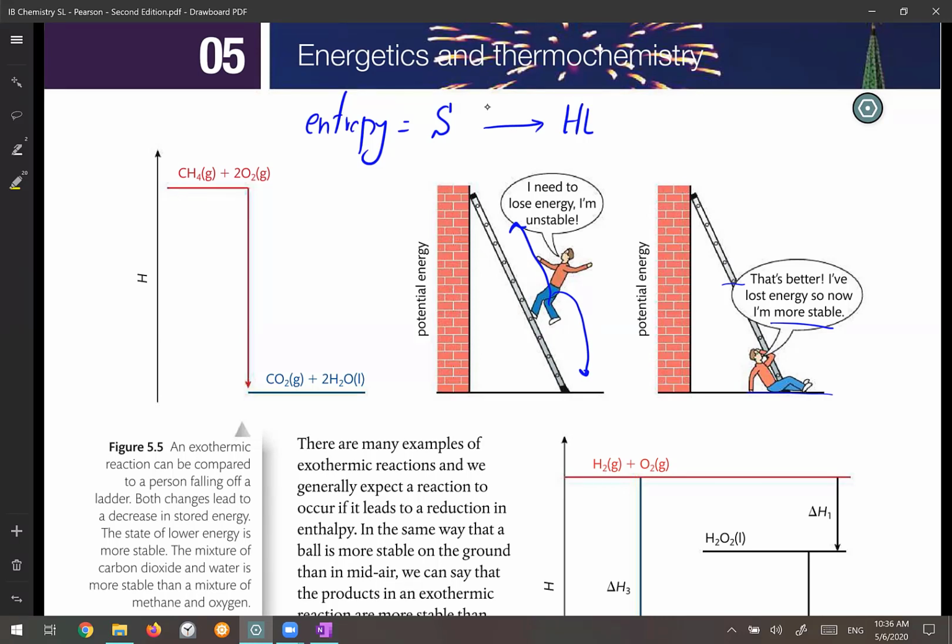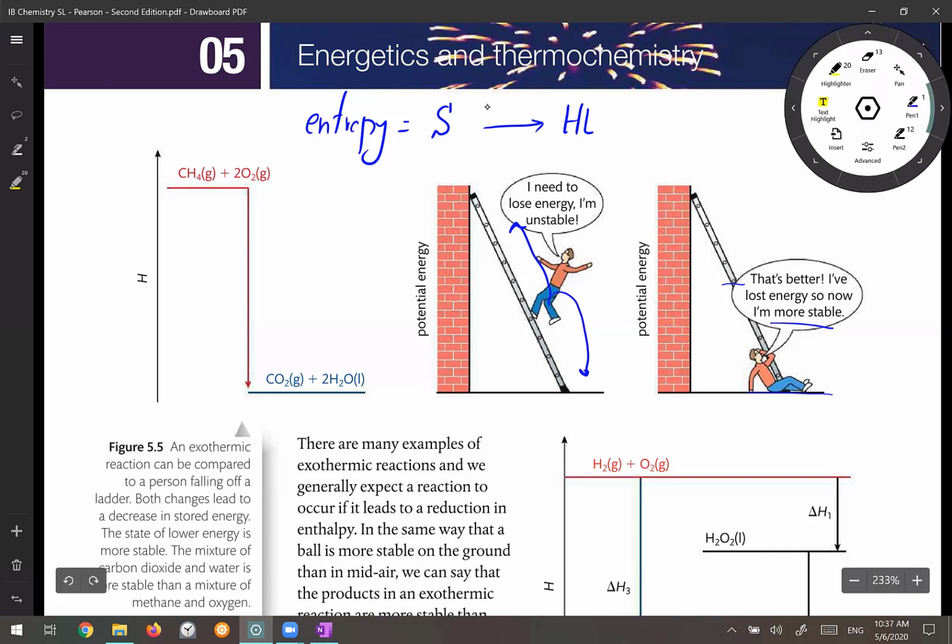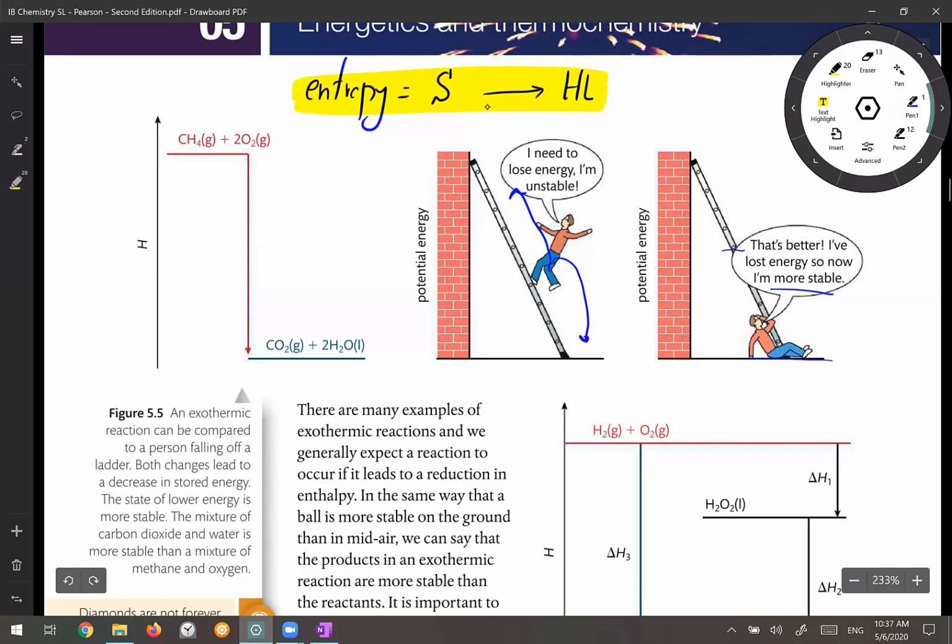The plants take the energy from the light and they convert carbon dioxide and the water to sugar. So this reaction happens in spite of the fact that the products have higher energy than the reactants. But another thing which is happening here is that the entropy of the system is increasing. That's why some endothermic reactions also can happen. So you should not be confused if you see that some endothermic reactions also happen in nature.